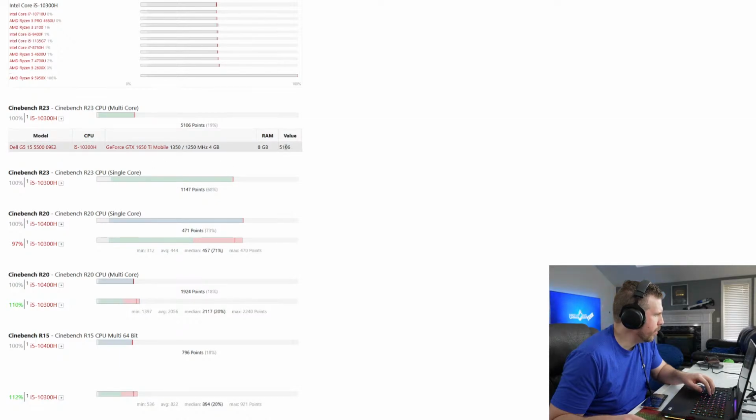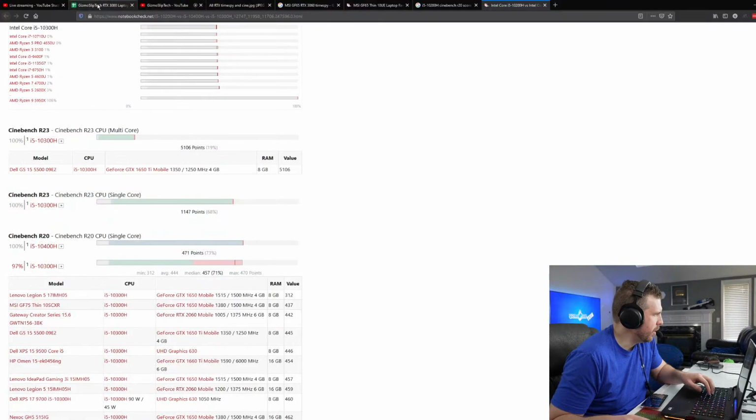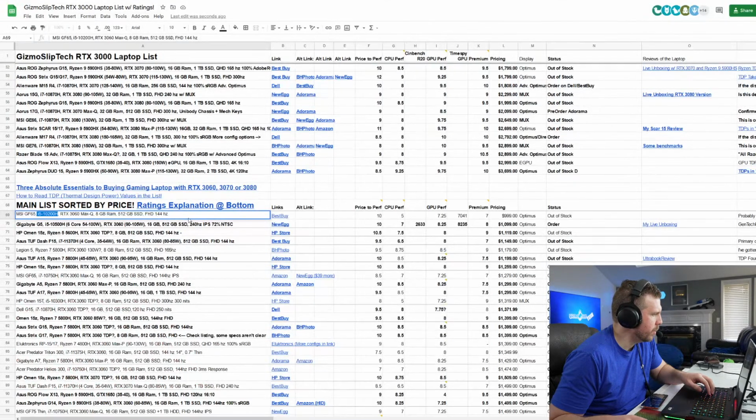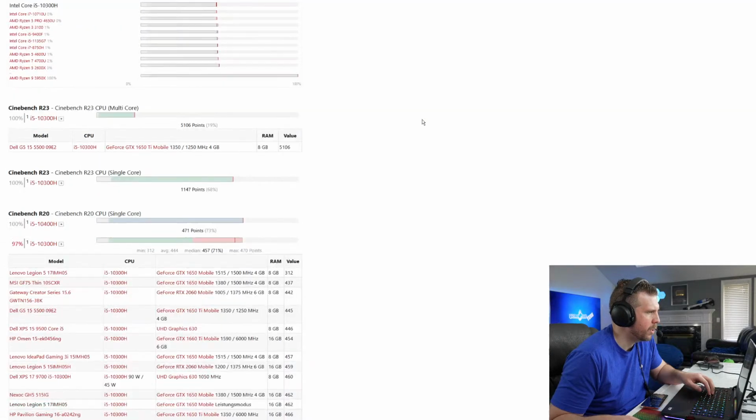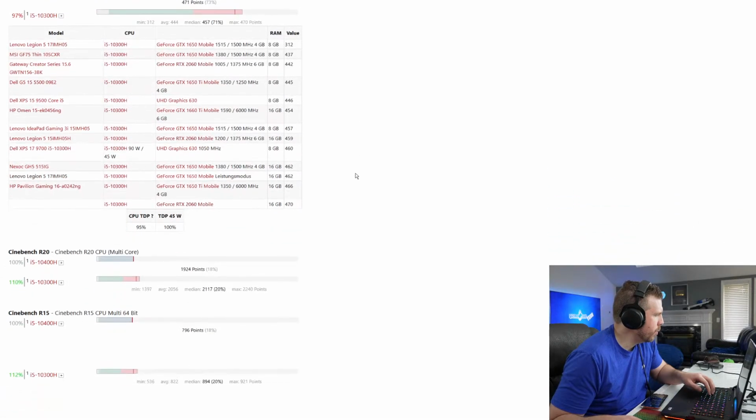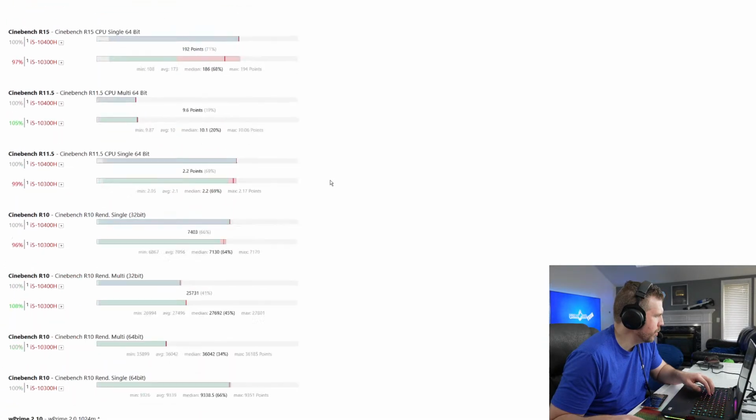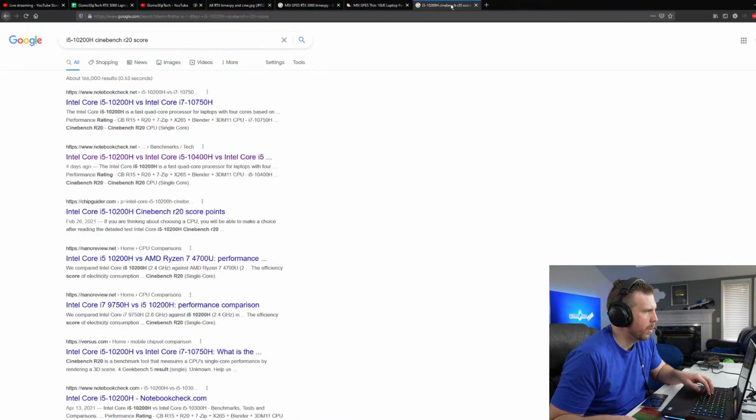So Cinebench R23, what we want is R20. And we need, is it the 10300H? What is this? What is the processor? It's 10200H. I don't see 10200H. I don't think that's the right one.